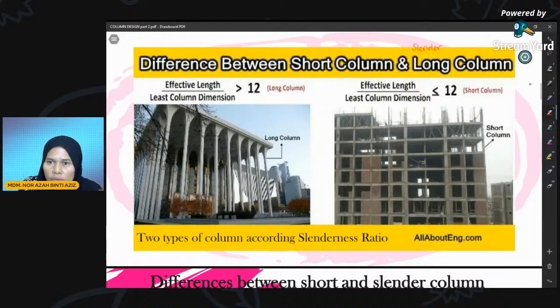While if the ratio of effective length divided by least column dimension is less than or equal to 12, that one is a short column. Here is an example of a slender column, and this one is a short column.